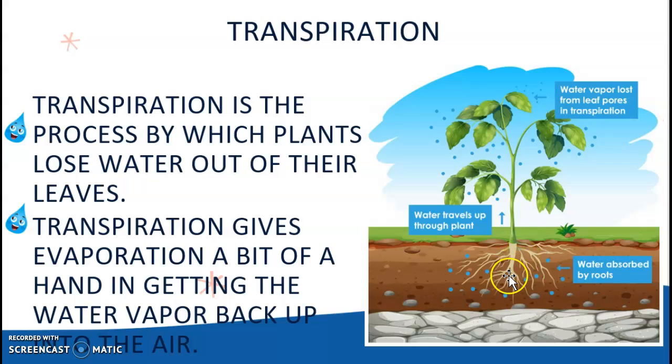So we know very well that the plant absorbs water from the soil using its roots. And this water will travel up through the plant, and when these leaves are exposed to the heat of the sun, water is lost in the process of transpiration.